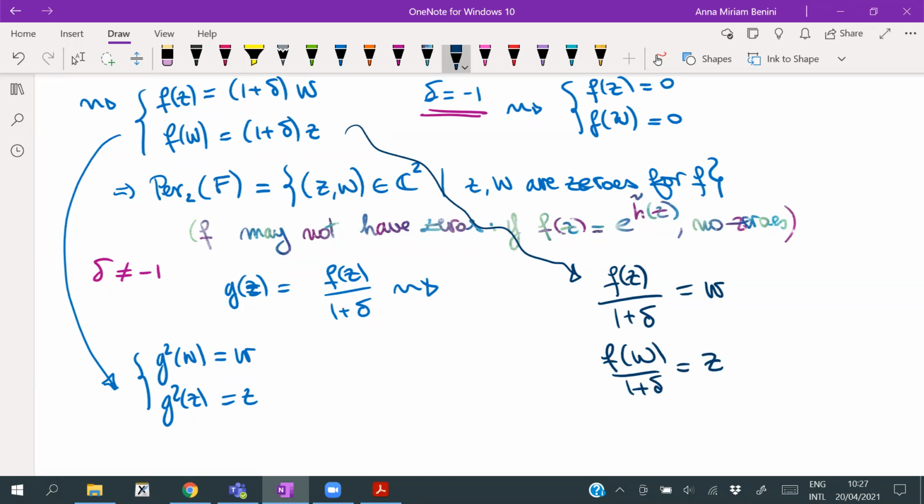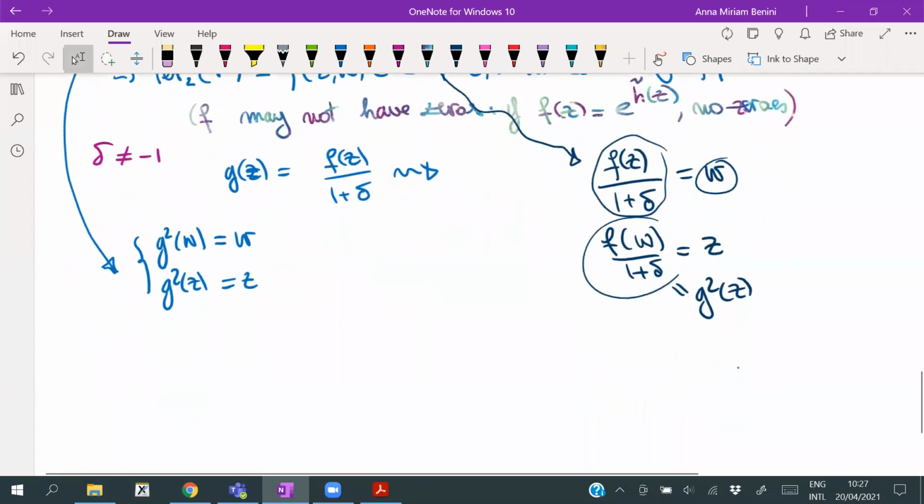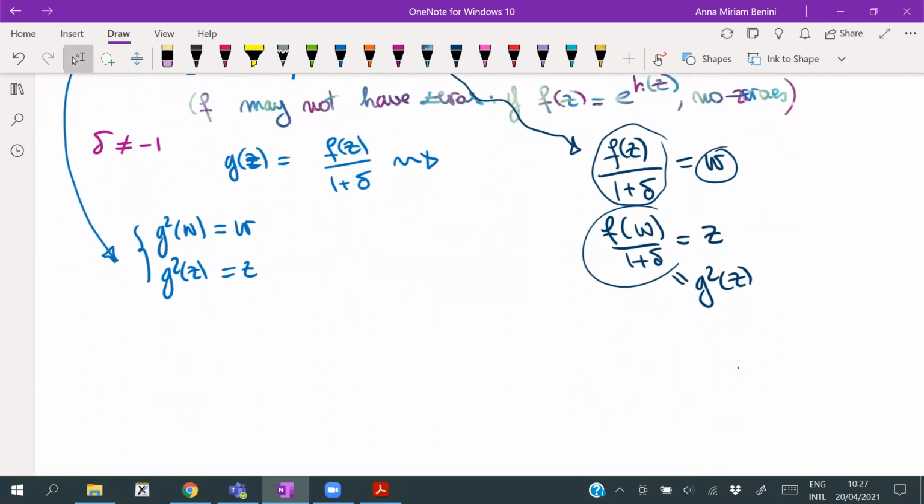So I plug this w in and I get that this becomes g squared of z. Okay, so this is okay. Did you see what I did? It's simply w, so this w is just g of z. So I plug this in again and I get these two equations, g squared of w equals w and g squared of z equals z.